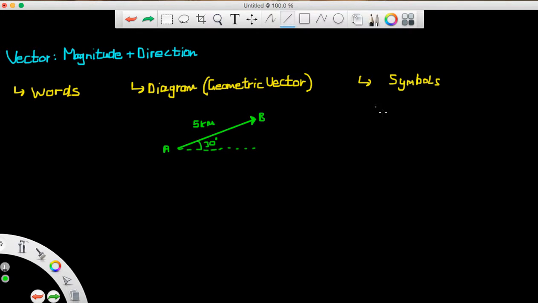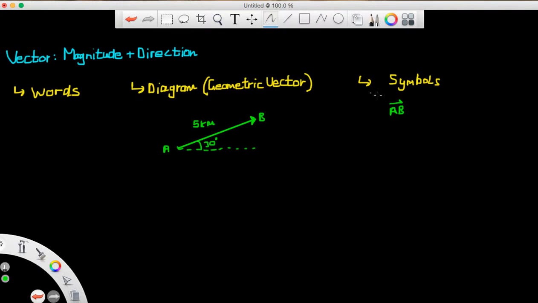Another way of representing vectors is by using symbols. Symbols are more commonly used when doing algebra with vectors. They're written as a compound of the start and end points. So for example, here we've got the starting point as A, and the end point, denoted by a little arrow, as B. So the symbol to represent this vector would be AB with a small arrow on the top.